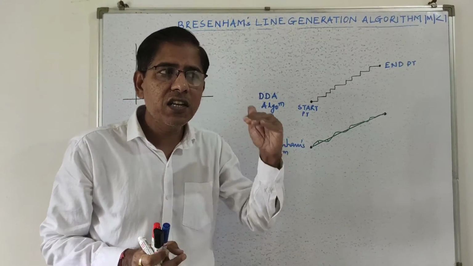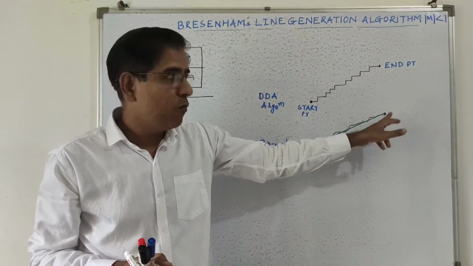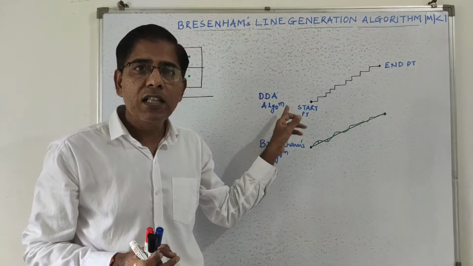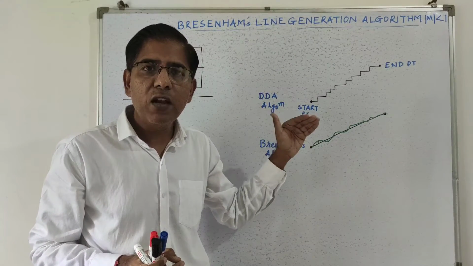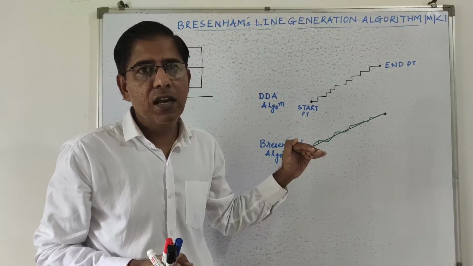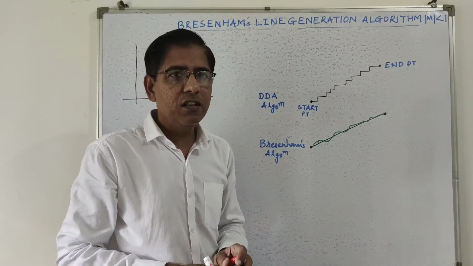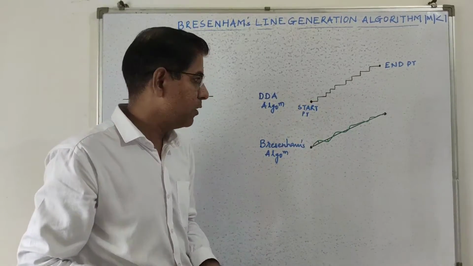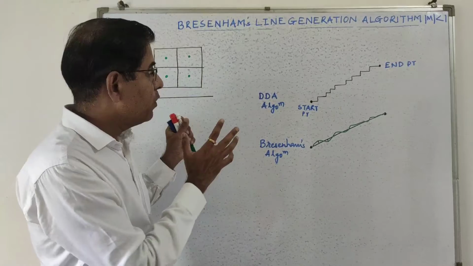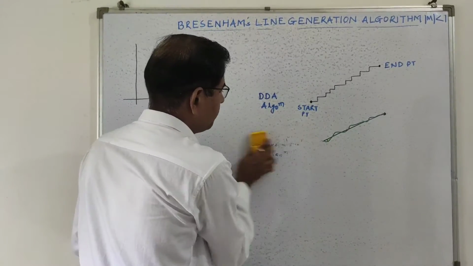It takes the decision at every step and then it reaches the end point. Whereas in DD algorithm, the x increment and y increment values are calculated at the start of the plotting pixel itself, and then it reaches the end point. That is the basic difference between DD algorithm and Bresenham algorithm. Now we'll see the Bresenham's algorithm for slope less than 1.